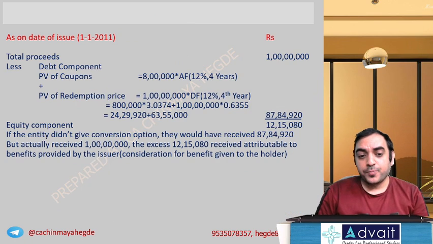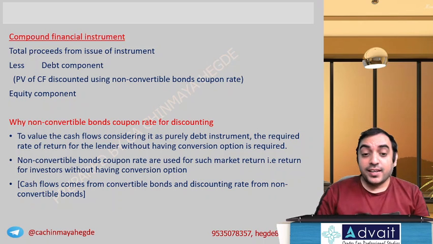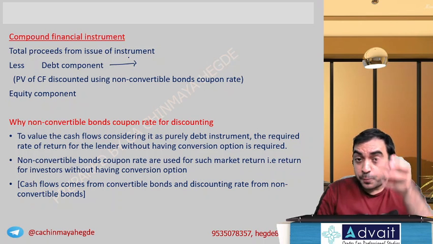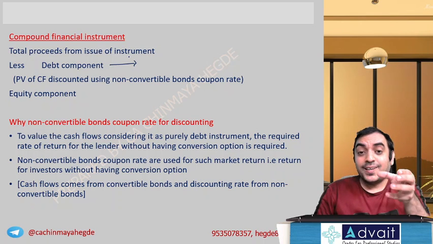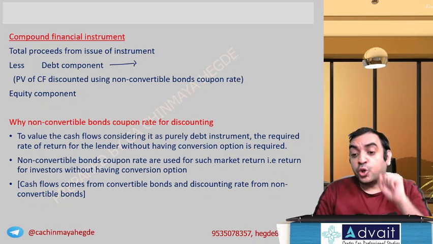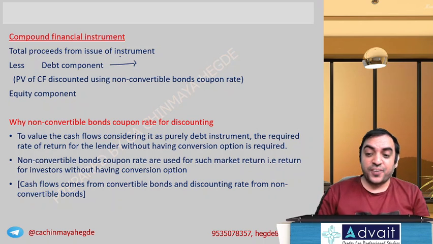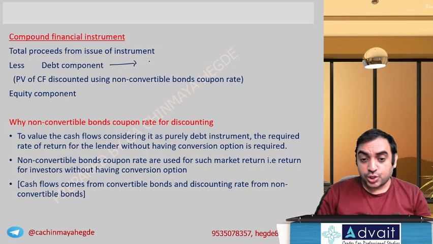Okay, I'll go back. Just for reference, in your SFM, this debt component, what is it called? Pure cash flows, pure coupons, discounted using the non-convertible coupon rate. What is it called in SFM? It is called the straight value of bond.